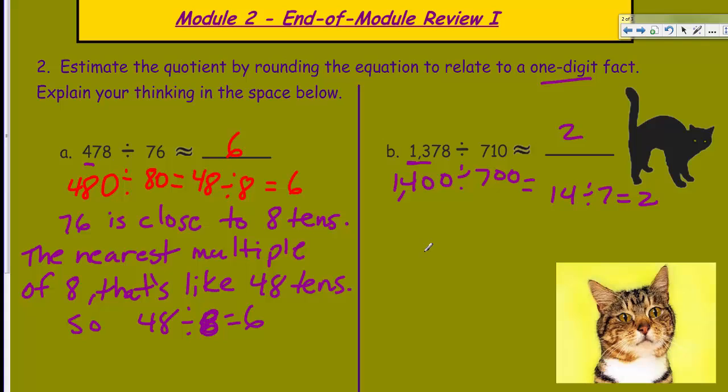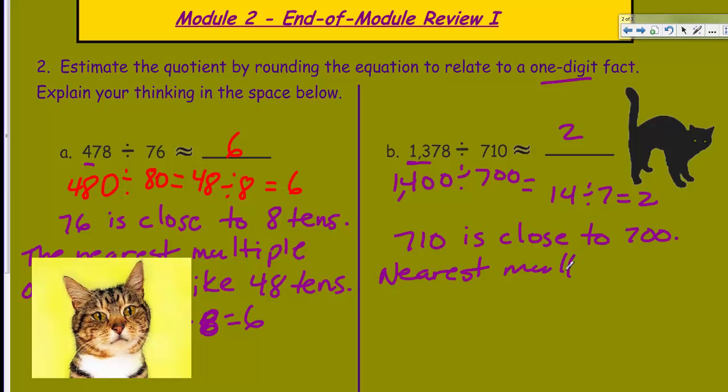So again, we can look at this number here, and I'm going to just say that 700, we have to explain the reason. 710 is so close to 700. Again, the nearest multiple, kind of sloppy, I better slow down. That one, what we looked at, is going to be a multiple of 700.